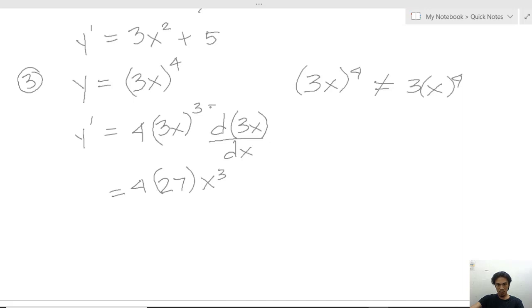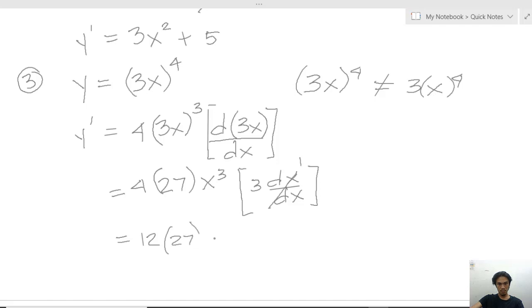And for this part, the derivative of 3x with respect to x, we can write this as 3 times the derivative of x with respect to x. This will cancel to 1. 3 times 1 is simply 3. So this would be 4 times 3 is 12 times 27 times x raised to 3.